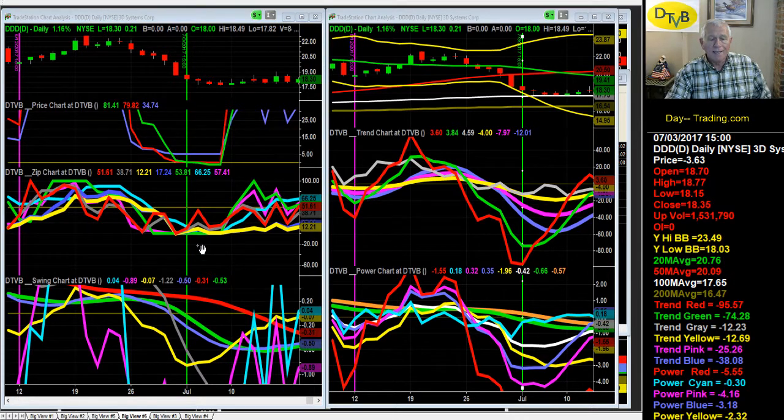Over here, one day after the vertical green line in the zip chart, you have zip red at 44 and zip yellow at 9. It's an obvious red peak, and of course, next day it goes down.